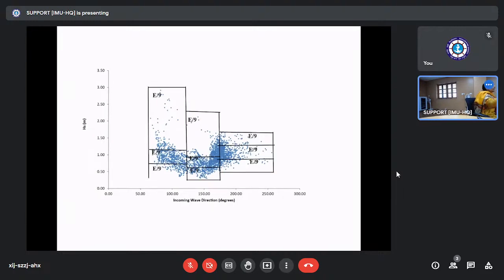Earlier the energy was divided into 3, and now since we are dividing it into 3 further bins, every bin has E by 9 energy, meaning equal energy is present in all the bins.